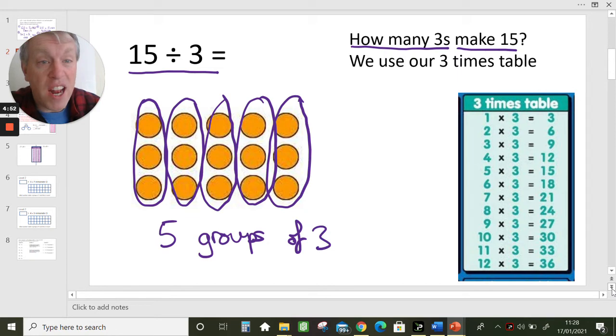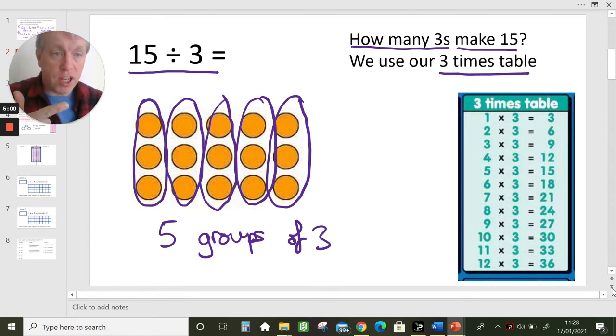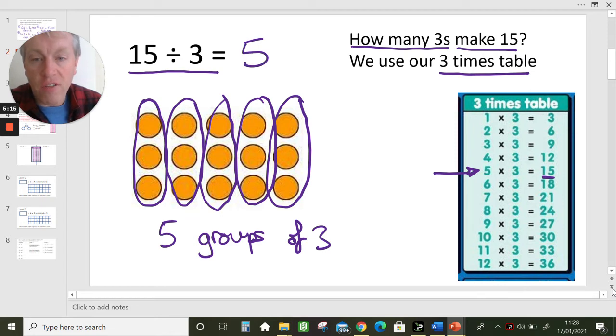And in fact, really here, we don't always want to have to draw things out or draw groups. We want to use our 3 times table. 1 times 3 is 3, 2 times 3 is 6, 3 times 3 is 9, 4 times 3 is 12, 5 times 3 is 15. So 15 divided by 3 is 5. 5 groups of 3. Okay.